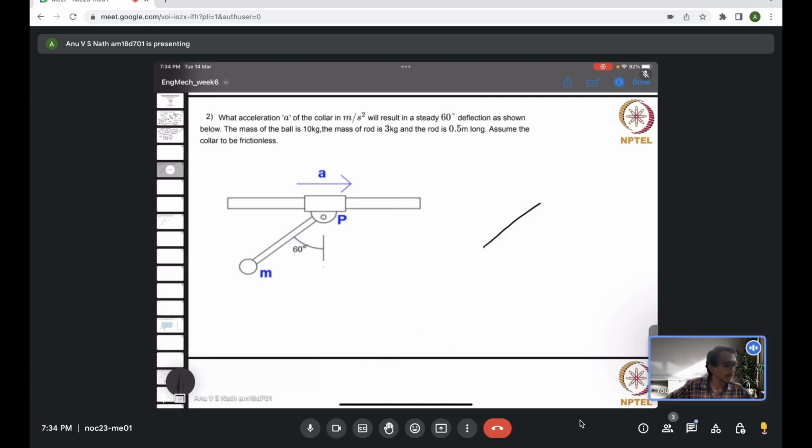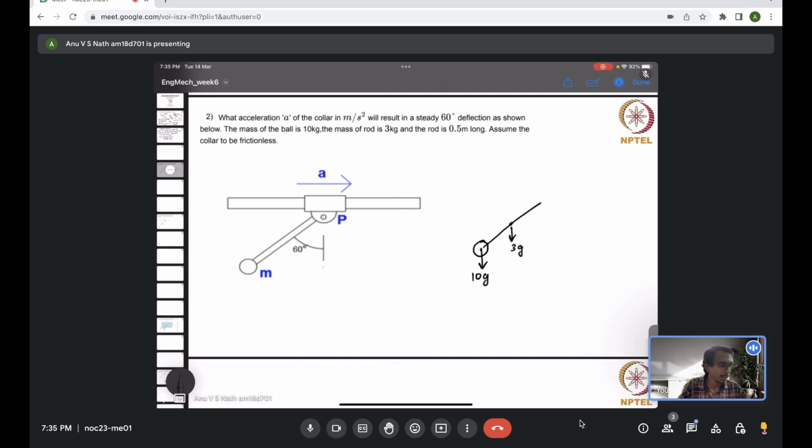A rod is there, and at one end we have a mass. The mass is 10 kilograms, so it will experience a 10g force downward through its center of mass. And now remember, the rod also has a mass, so through its center of mass another force will be acting, which is 3g.